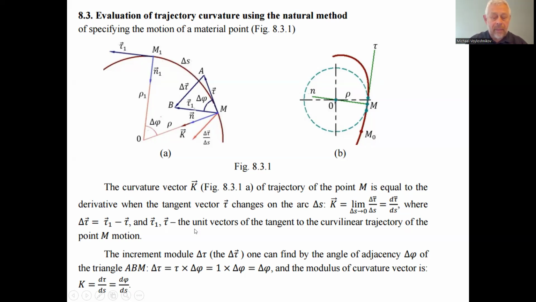So let's consider this adjacency angle delta phi. Delta phi is the adjacency angle, the same adjacency angle is here.